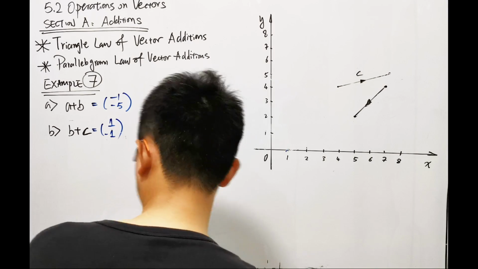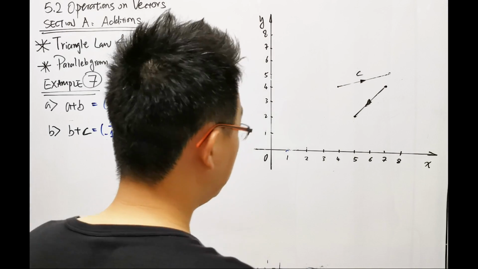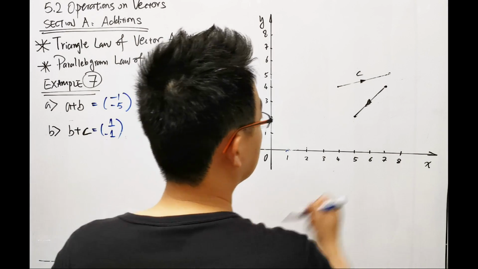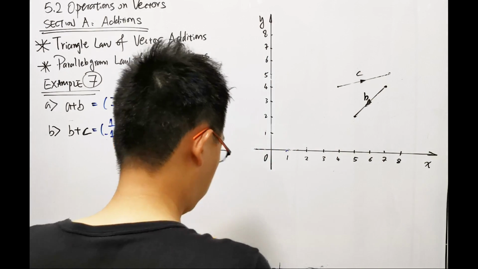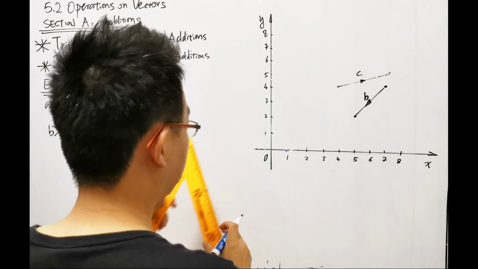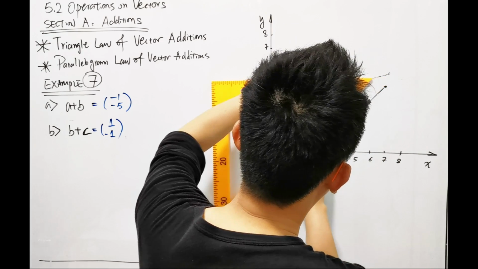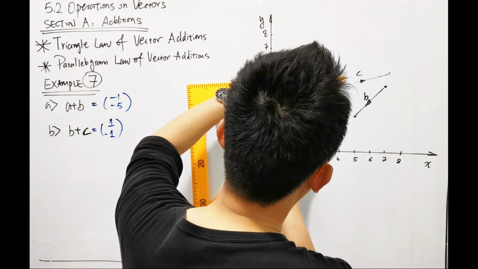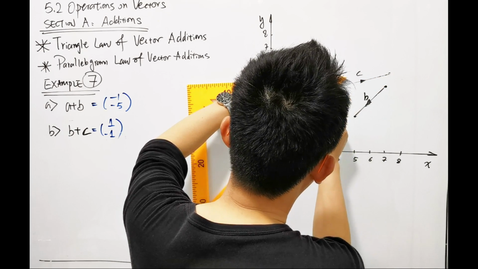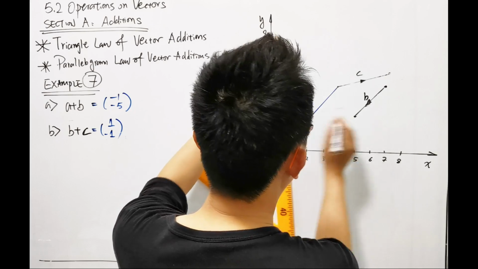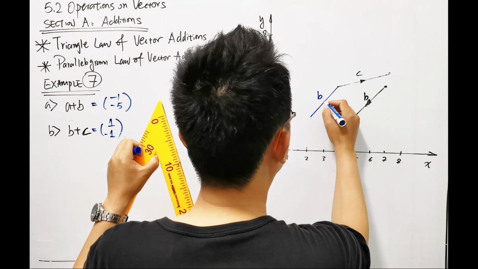Okay, we join up these two initial points. We join up the initial point. We move this B to here.